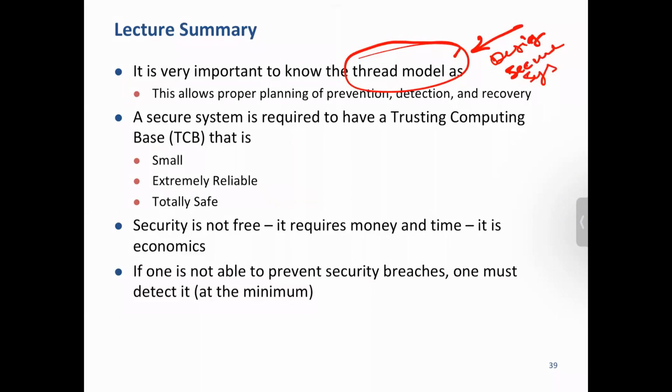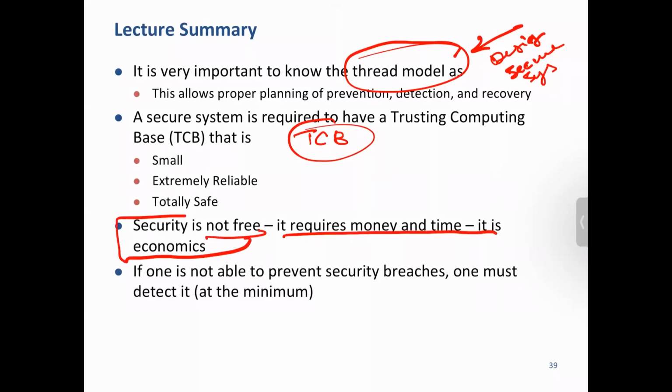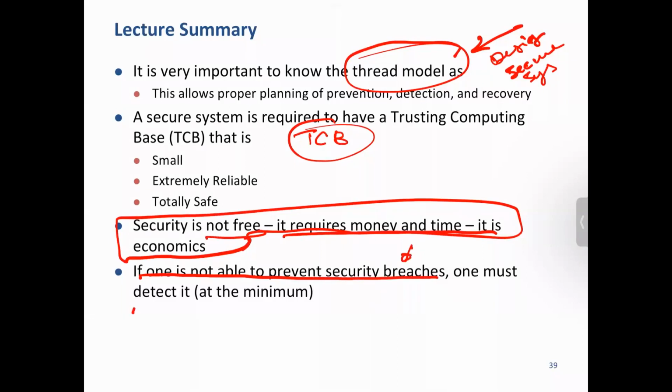Okay, then you have to have TCB, and TCB has to be as small as possible. Security is not free, it requires money, time, etc. So security is economics. Okay, and if one is not able to prevent security breaches or security threats or attacks, then one must know it at least, right?